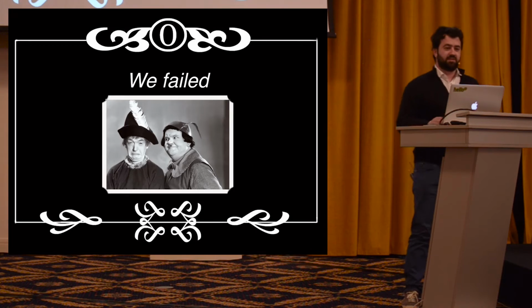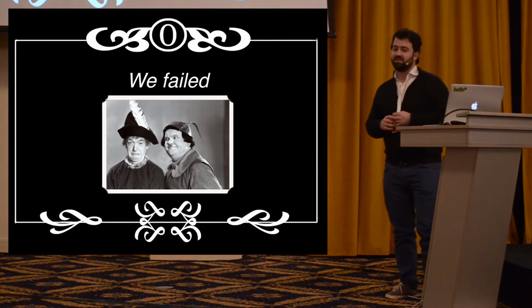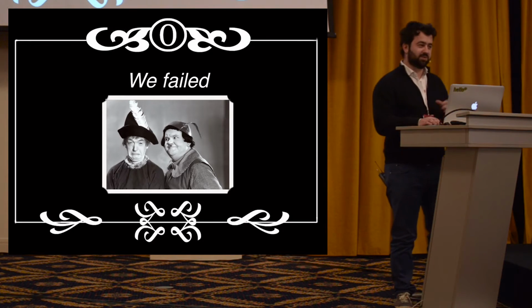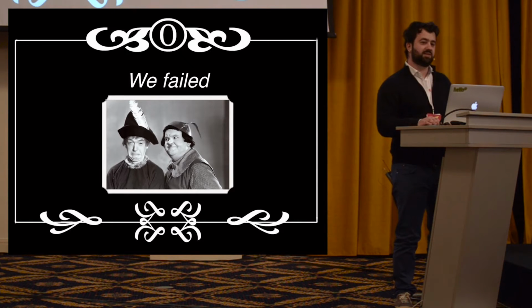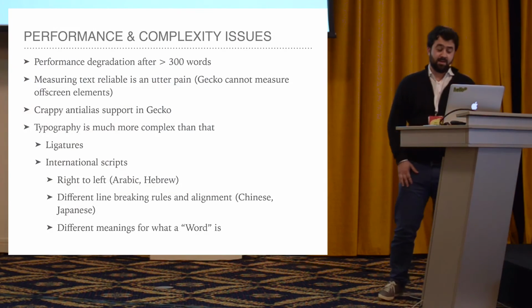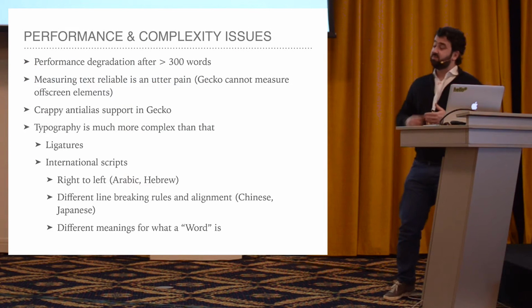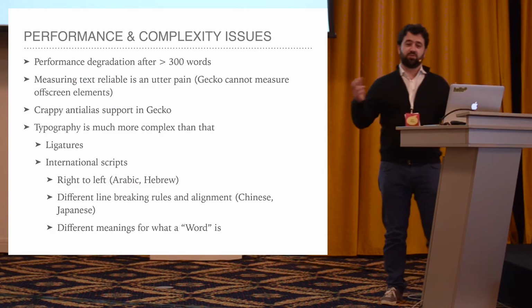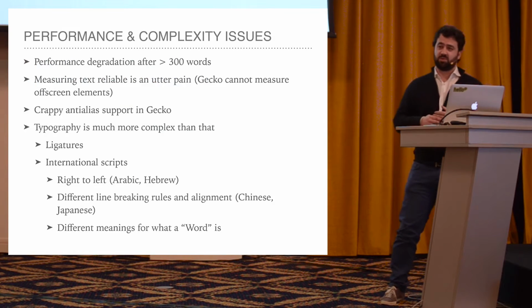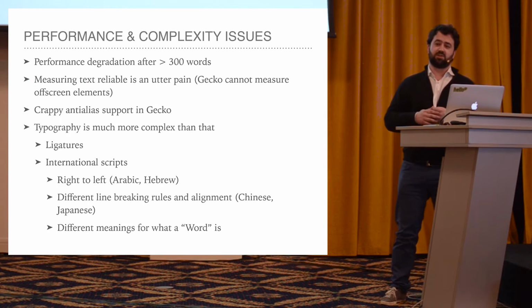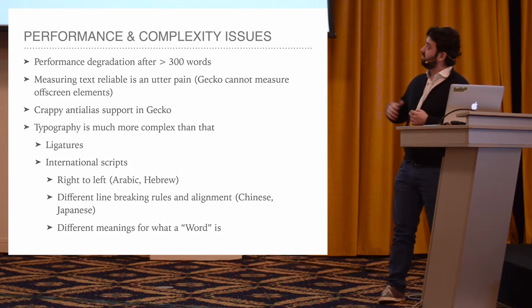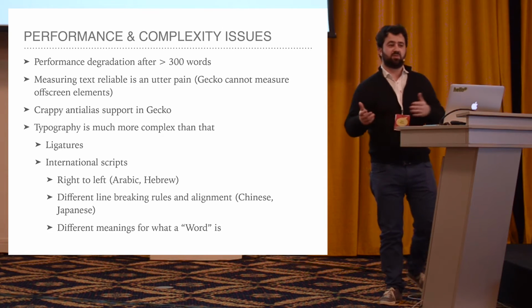But we failed really badly, and this was probably the first existential threat to our new product. So after building a prototype, we realized that no matter what you do, even if you use web workers, which were still in their infancy in 2011, you would have performance degradation after no more than 300 words.